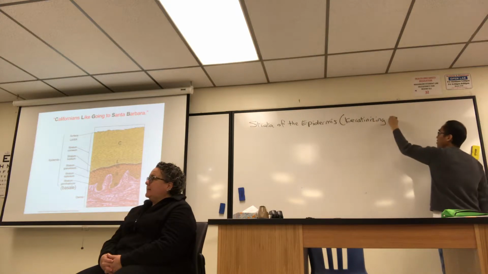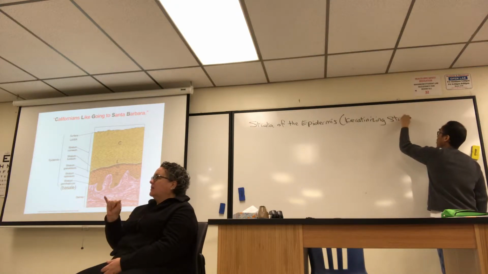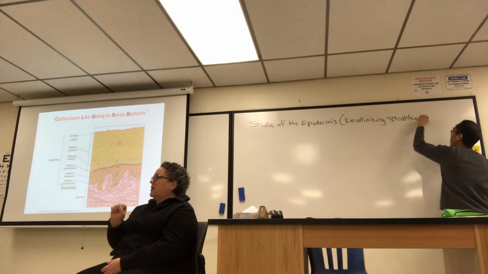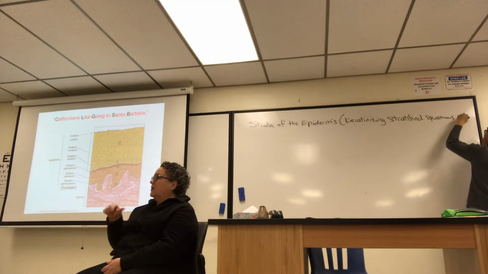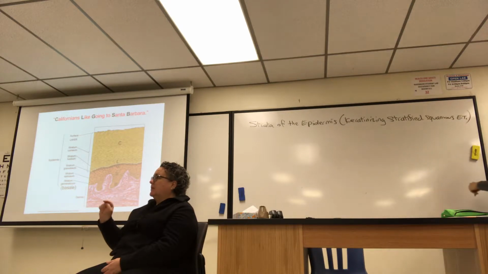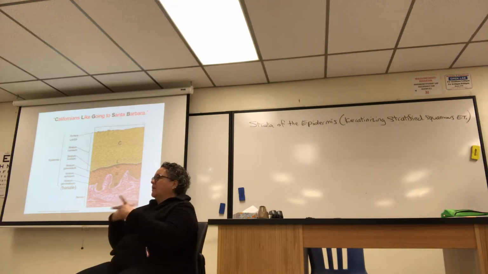It's just a keratinizing, stratified, squamous epithelial tissue. That's what kind of tissue it is. But we subcategorize all the different layers within this to kind of show you how eventually at the top you get these dead keratin-filled cells that are constantly shed.